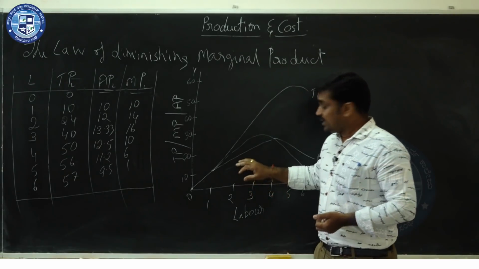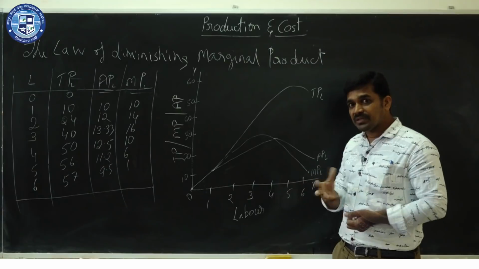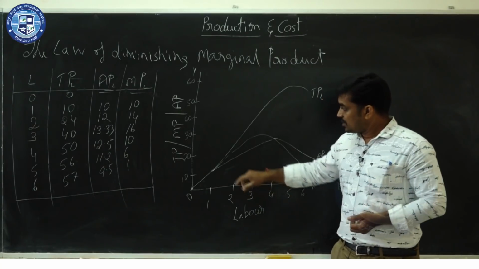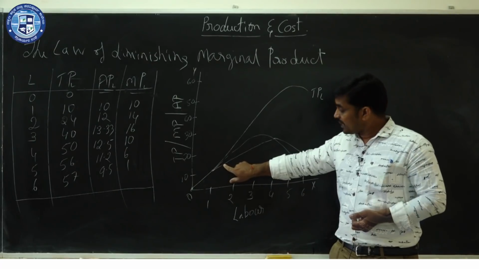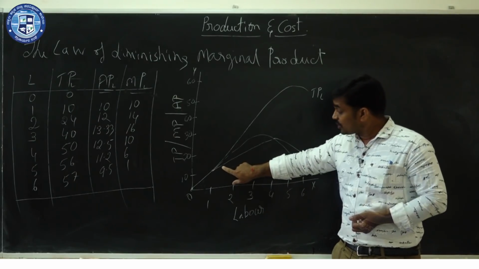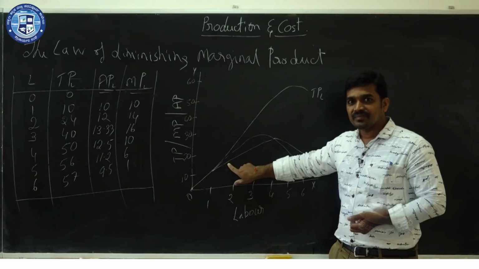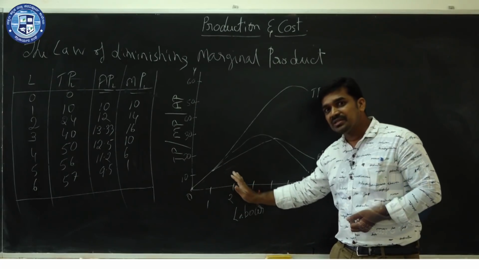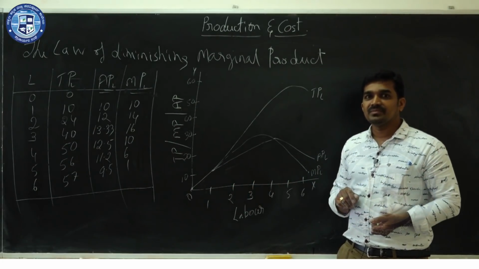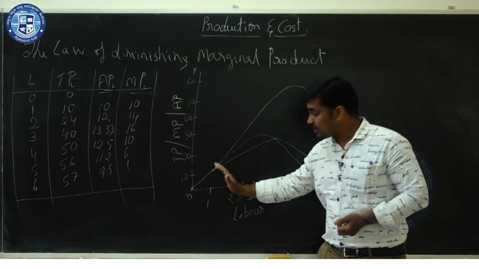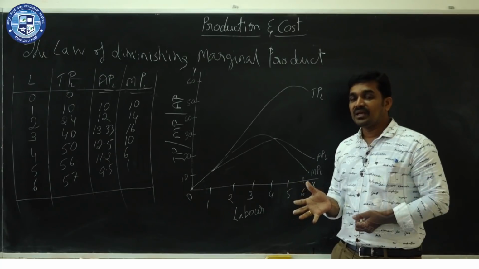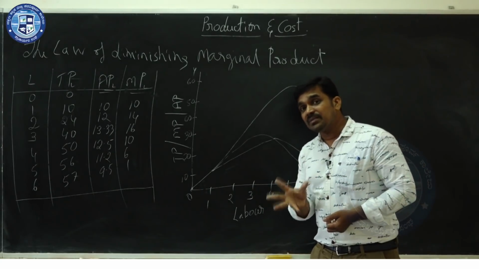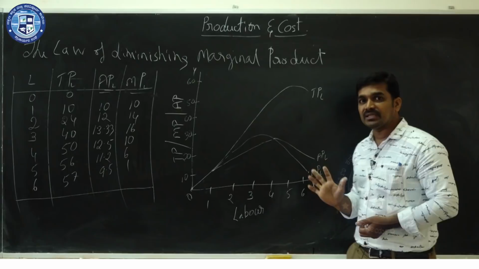And here we also have another observation. Marginal product and average product both are increasing in the initial stage. Later both average product and marginal product are falling.